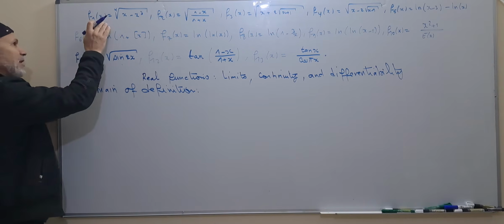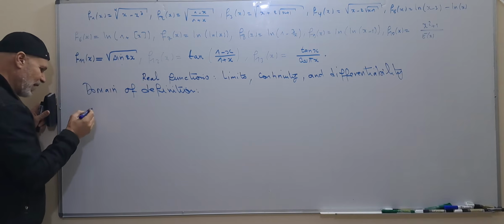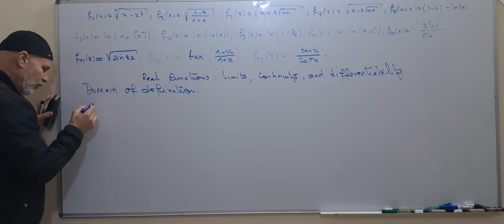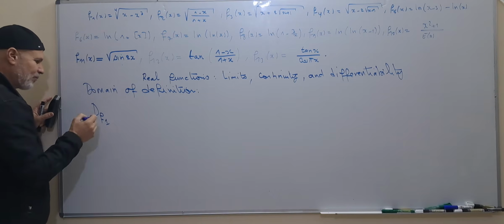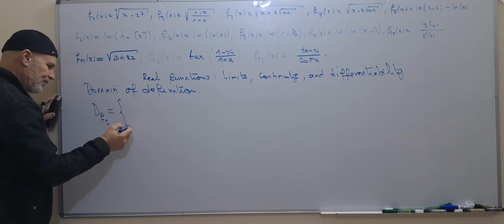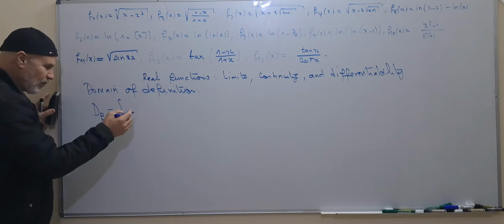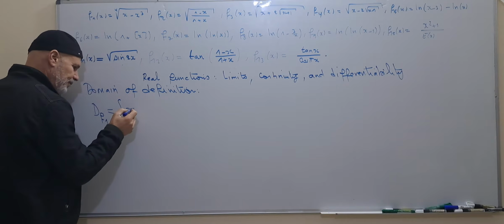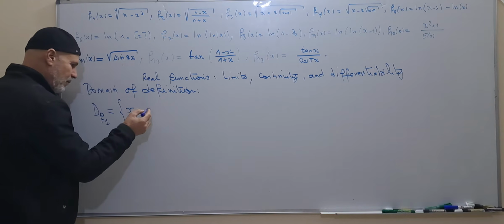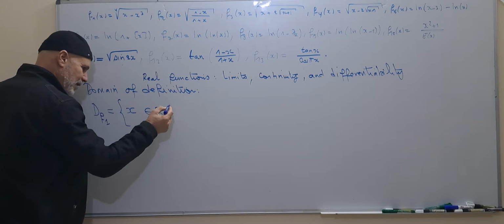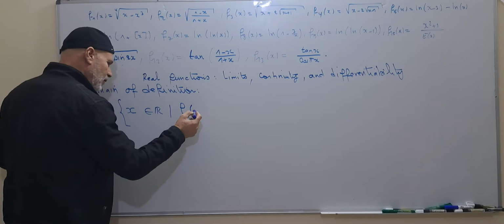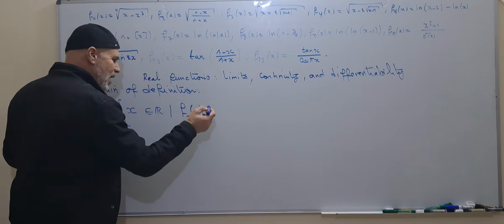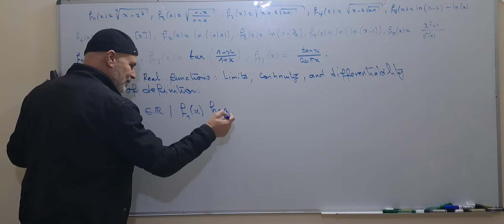So, for example, for this function f1, the domain of definition of f1 is equal to all the real numbers x from R, such that f1 of x has a sense.